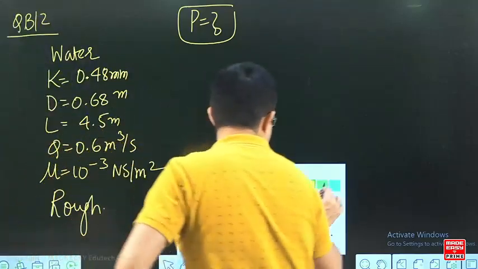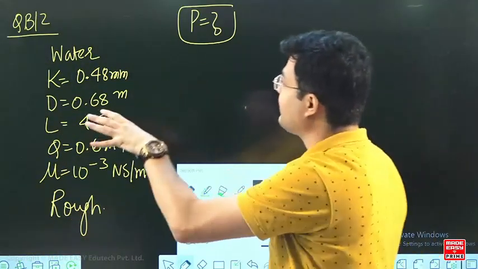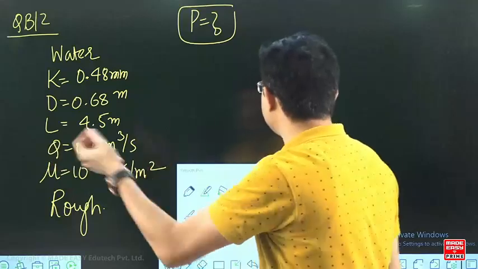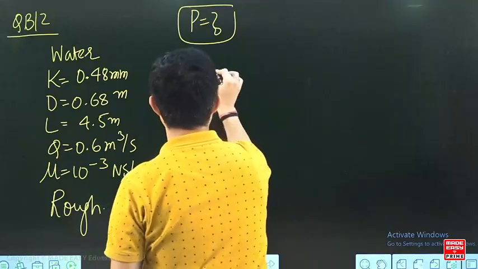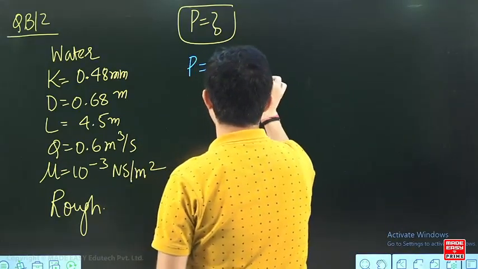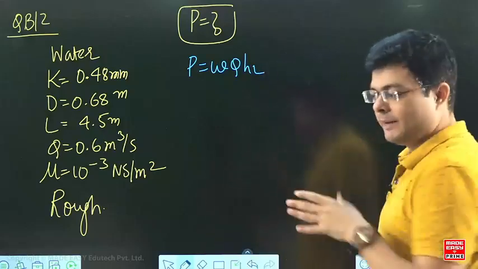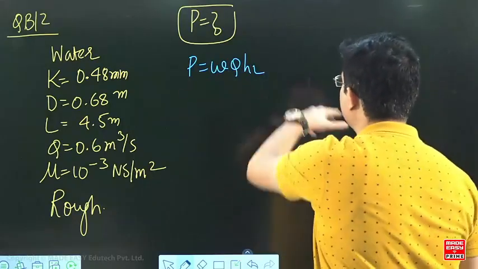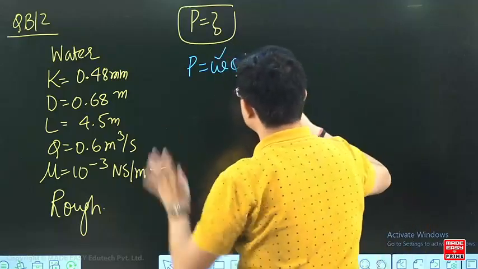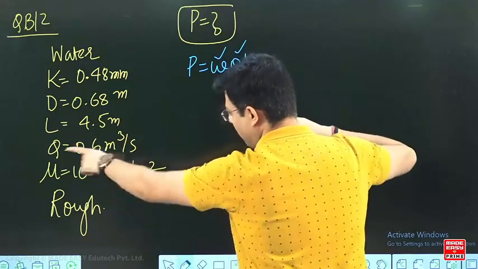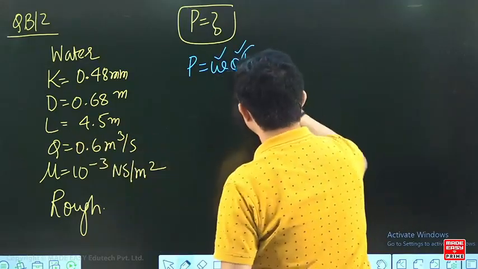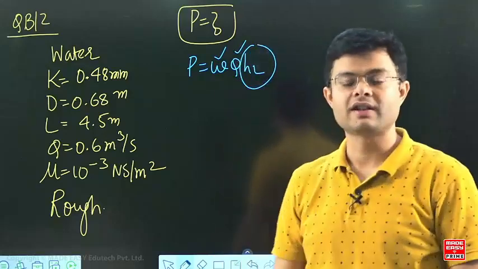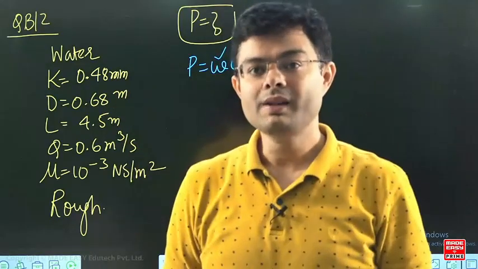Now listen carefully. For solving this kind of problem, everybody knows that the power formula is W Q into head loss in the pipe. I already taught this in laminar flow. The power formula is W Q into head loss of the pipe. W, you know, it is water. Discharge is given in the question. What is missing? Head loss. But wait.